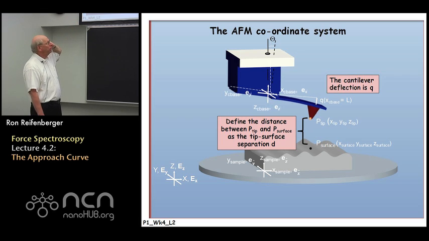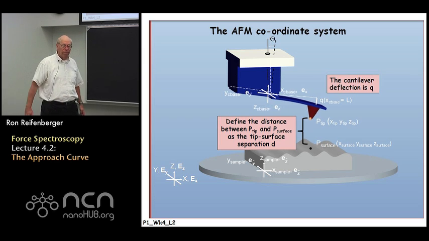The quantity that's of real direct interest to understanding the tip-sample force between the tip and the substrate is referred to as small d in this lecture, and this is the quantity that you have to infer from your experimental data if you want to interpret your data in terms of this tip-sample interaction force, which is a very fundamental quantity.